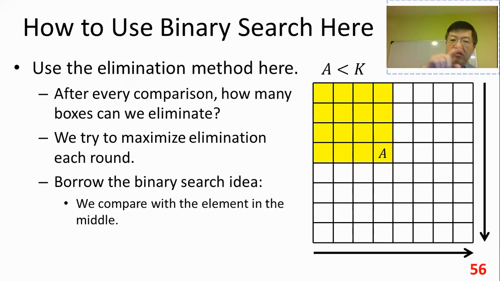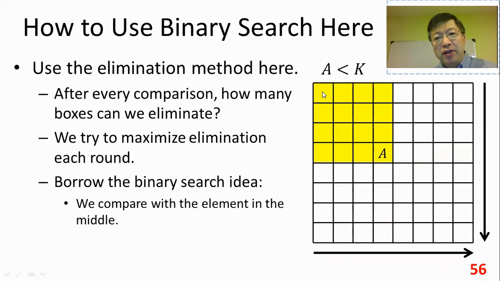Or you can find a way to establish an inequality so that the element is less than or equal to A. For example, suppose we want to look at the element in this position.